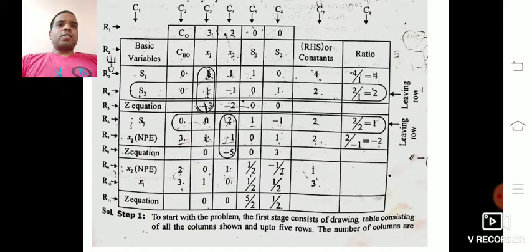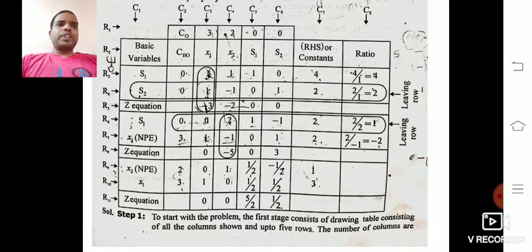In the R11 row, the Z equation, we are getting all positive values. Okay, all positive values, so the solution ends here. That means, see the RHS side: at R9, the x2 value is 1, and R10, the x1 value is 3, in the RHS column. Okay, R9 row we are getting 1, that is x2, and R10 x1 is 3.